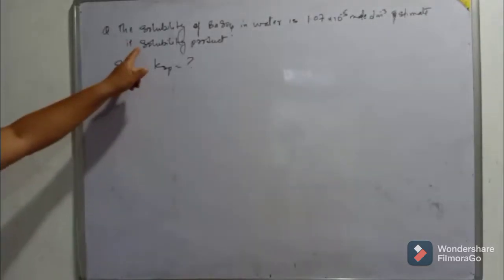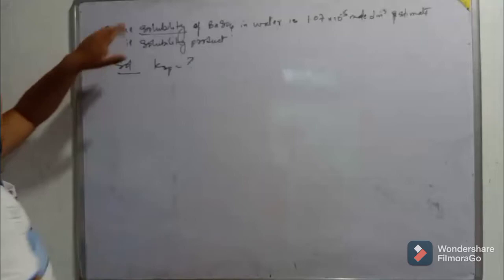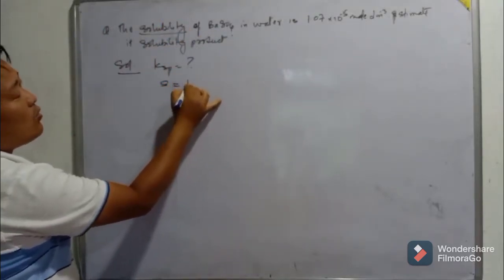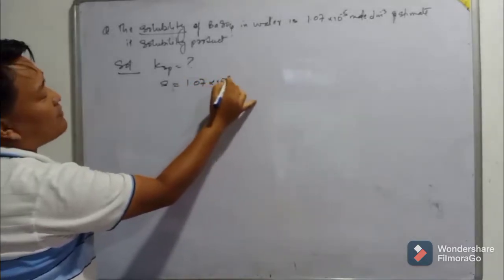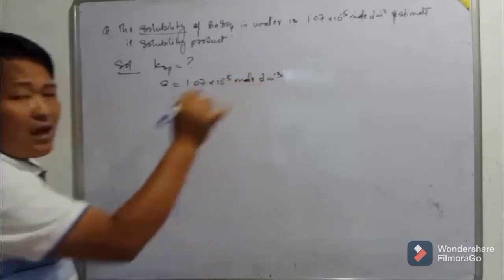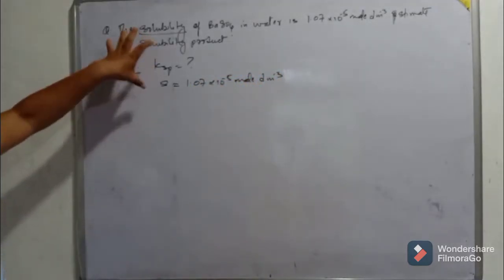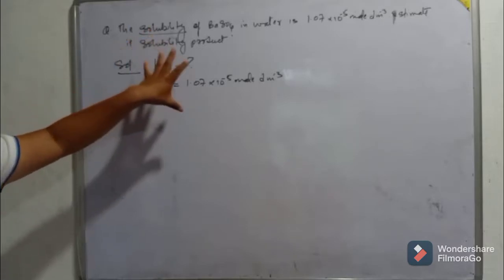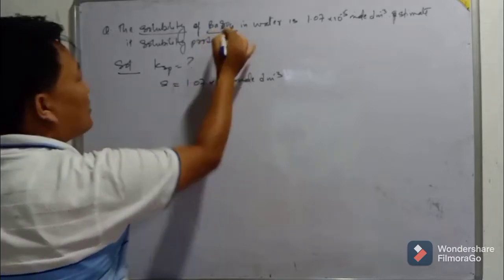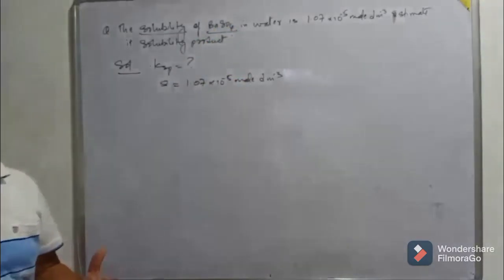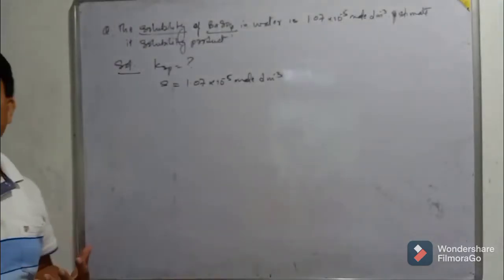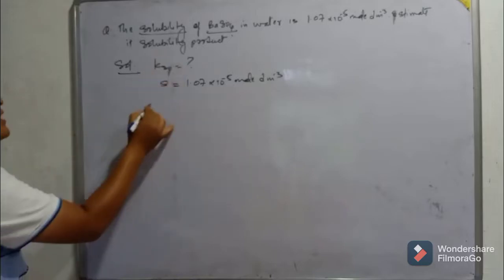Now in this question, what is given? Solubility is given. S is equal to 1.07 into 10 to the power minus 5 mole per dm cube. Now which formula we have to use depends on this compound: whether both are mono, or one is mono and one is di, or one is di and the other tri.